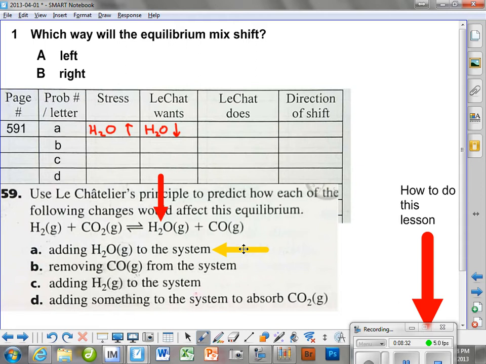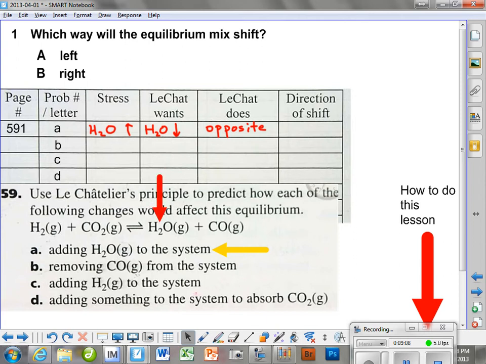Now Le Chat in this case wants to reduce the amount of water, which is what this down arrow means. Here we increase the water, and Le Chat wants to decrease the amount of water. To decrease the concentration of water in solution, he has to move the reaction to the opposite side, the opposite side from our species that was the stressor.